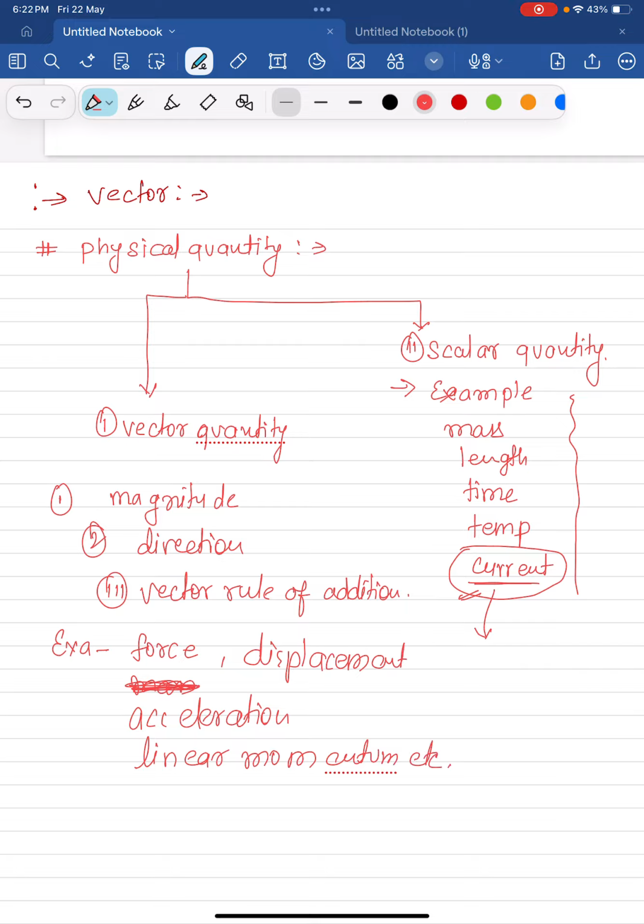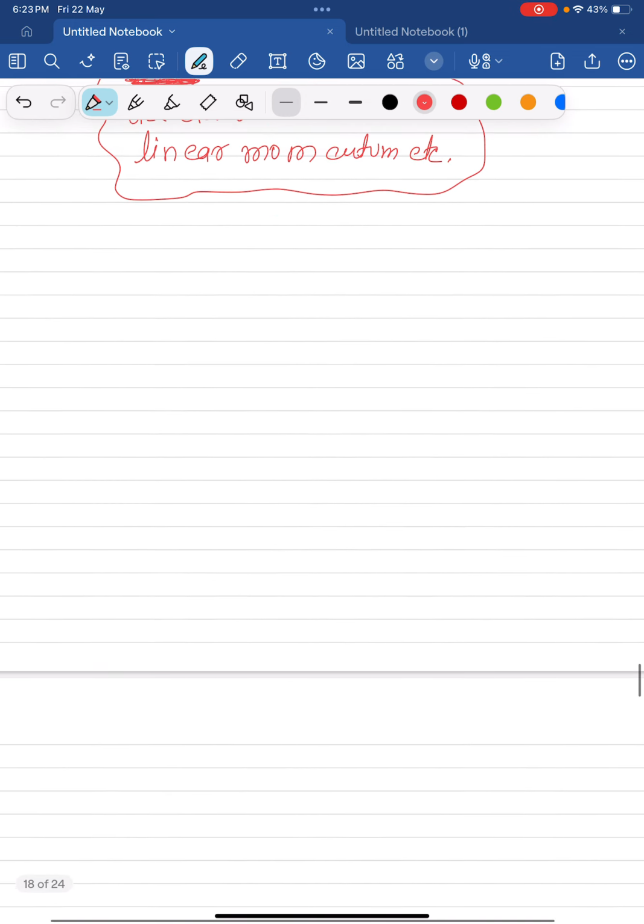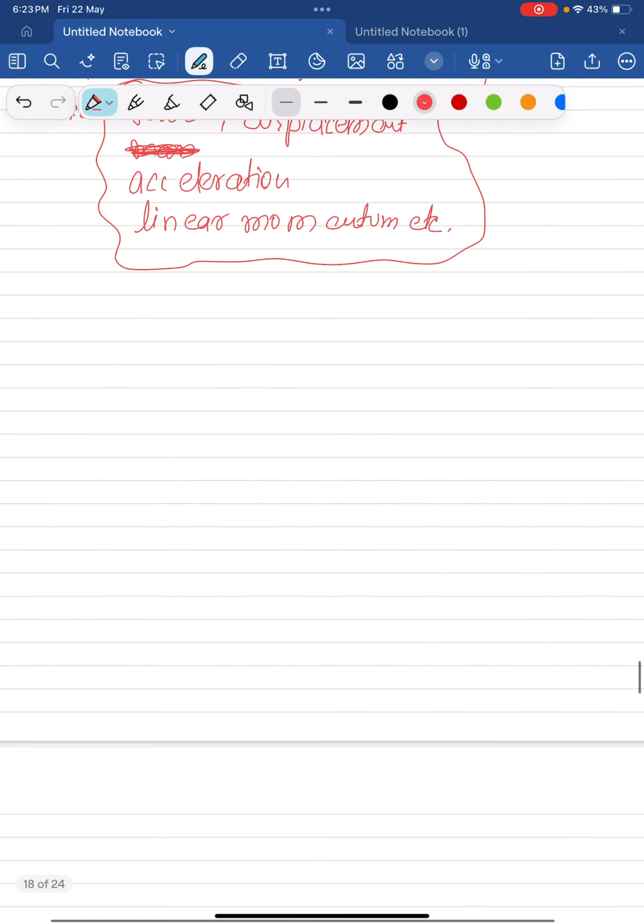These are physical quantities which have magnitude as well as direction and obey the vector rule of addition. Any quantity which has magnitude as well as direction and follows the vector rule of addition will be a vector.